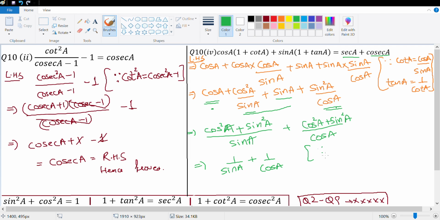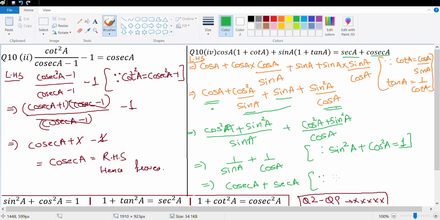Reason would be since sin square a plus cos square a is equal to 1, and 1 upon sin a is nothing but cosec a, and 1 upon cos a is nothing but sec a.